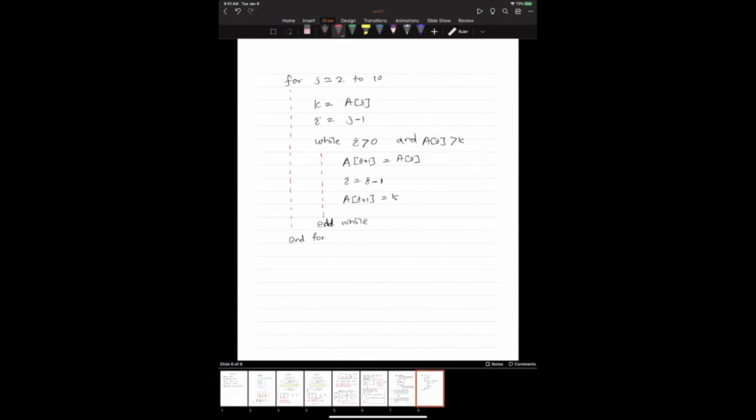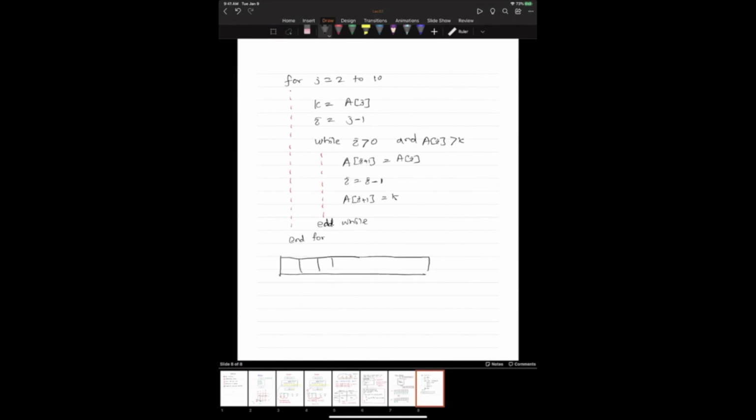So what are we doing here? Let's try to understand this pseudocode. We are doing a for loop, so we are counting j goes from 2 to 10. Now we are storing the jth value of A. Let me write the present contents of A. It will keep on changing, because we are going to keep on changing the contents of A. But let me write the present one.